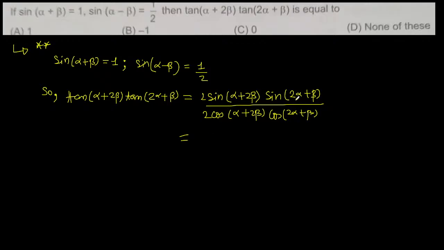It will become sin C sin D, which is nothing but cos C minus D, beta minus alpha, minus cos C plus D, 3 times of alpha plus beta.